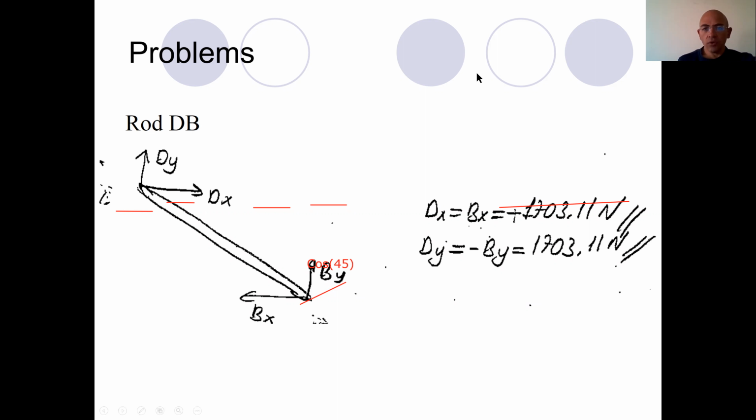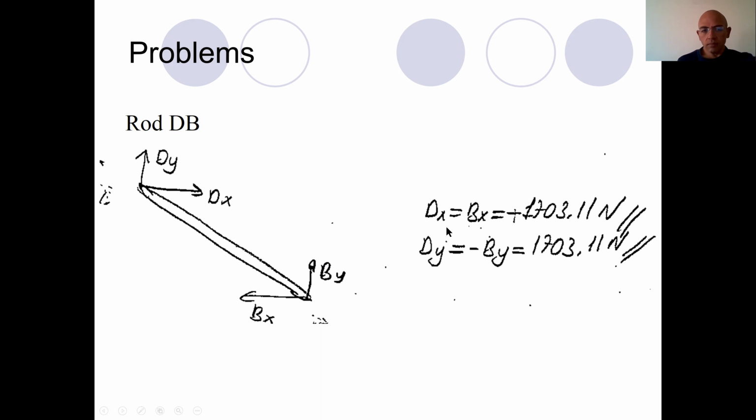Now let's focus on the rod DB. Now I choose the reaction forces in Dy in positive Y and in positive X direction. Because of the choice of the forces at point B on member rod AC, the direction of the forces has to be reversed for point B. So By is in positive and Bx is in negative X direction.